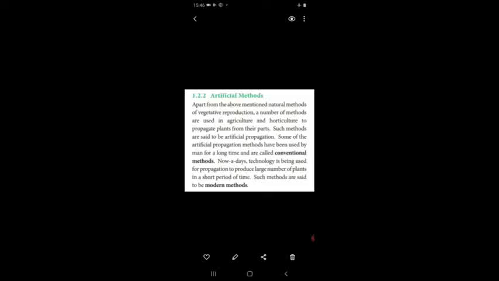And also, by this method, we can use outer plant parts to produce the new individual. So this method is named artificial propagation or reproduction.